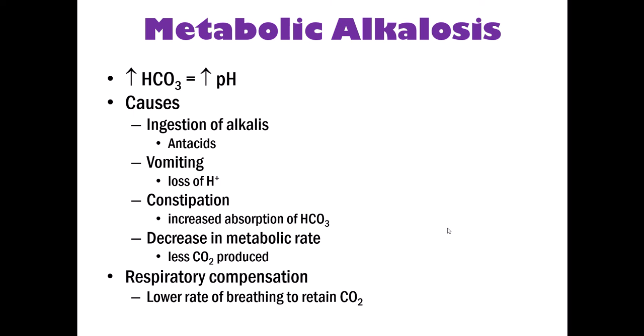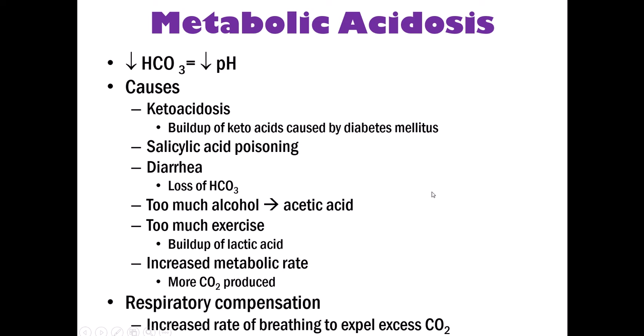When that happens, one of the ways that the respiratory system can respond is by slowing down the rate at which we breathe, or making our breaths more shallow so that we retain carbon dioxide. If we're retaining carbon dioxide, it becomes carbonic acid, which dissociates into hydrogen ions, and our blood can become more acidic that way to counteract the alkalosis caused by any of these causes.